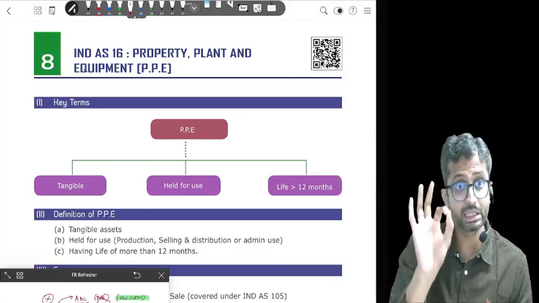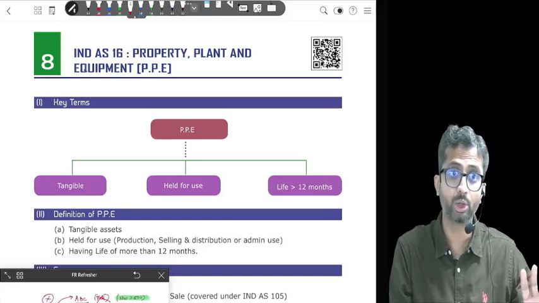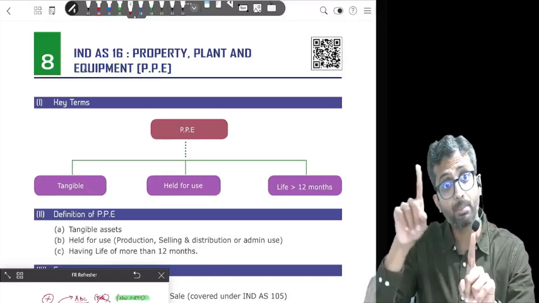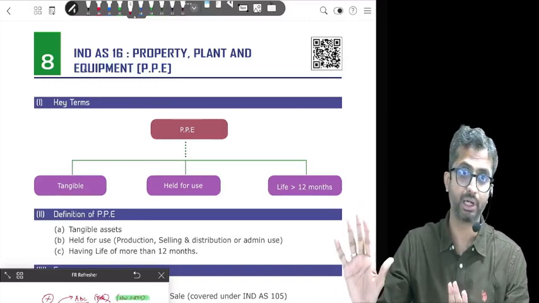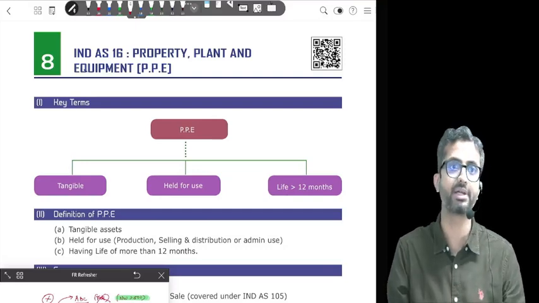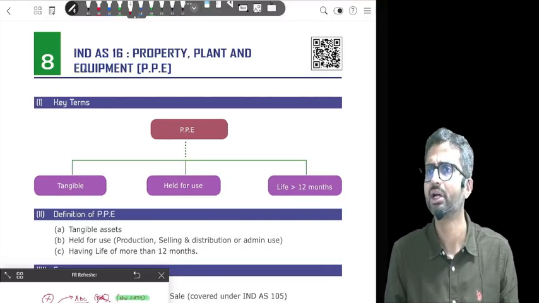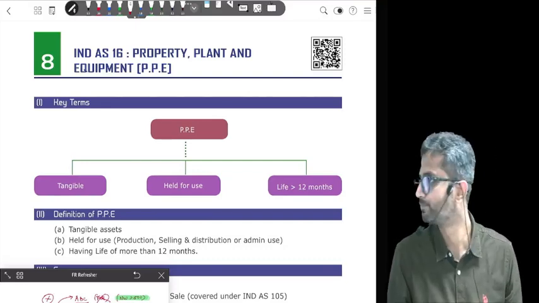But your first Ind AS financial statement will be the 24-25 statement only, not 23-24. You might prepare a comparative of 23-24 as per Ind AS, but your signed financials were as per AS only. So the first Ind AS financial statement is 24-25 only. Are we clear with this? Any other questions?